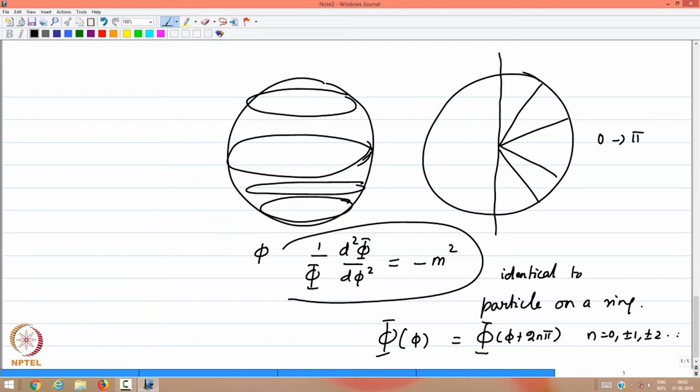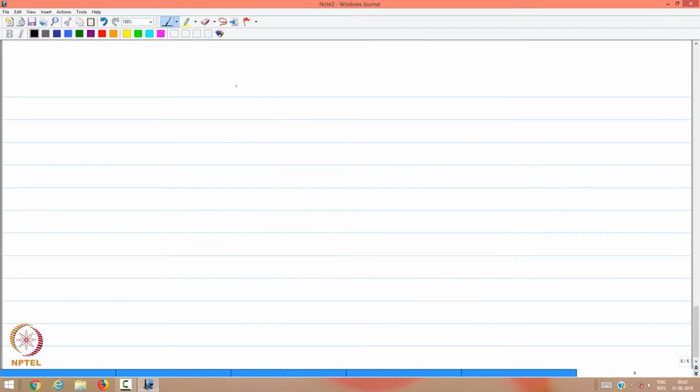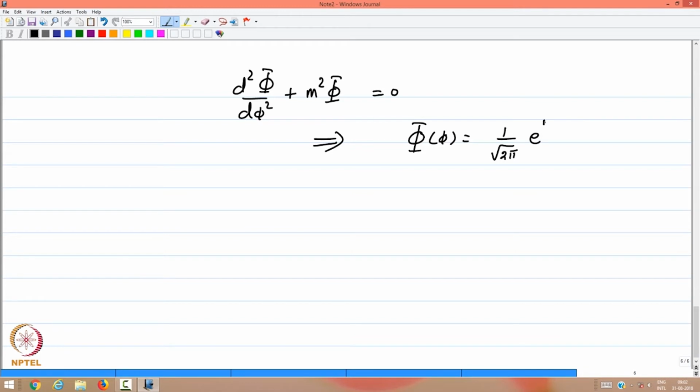Therefore, the solution to the phi equation is immediate: d squared phi by d phi squared plus m squared phi equal to 0 will give you, from the particle on a ring solution, the eigenfunctions phi of phi as 1 by root 2 pi e to the i m phi, where m is now 0, plus minus 1, plus minus 2 and so on. Therefore, m has to be an integer.